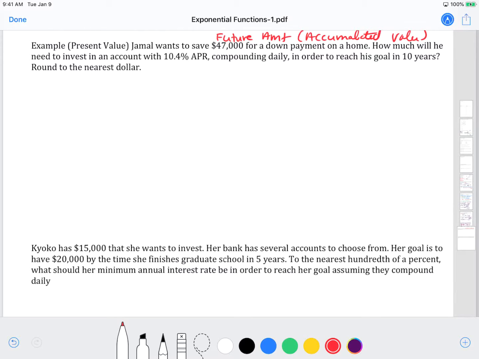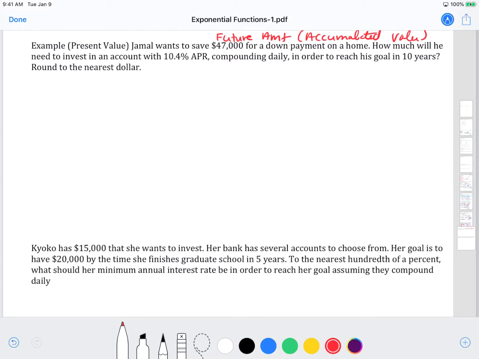Okay, it says how much does he need to invest, meaning how much does he need to initially put into the account if he has a 10.4% APR, it's compounded daily, and he wants to reach his goal in 10 years. So under these conditions, we have to figure out how much he has to deposit so that it can sit in that bank account and earn him enough interest that he can have $47,000 in 10 years for that down payment.